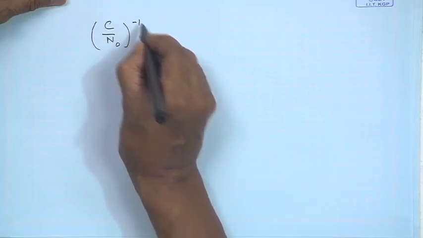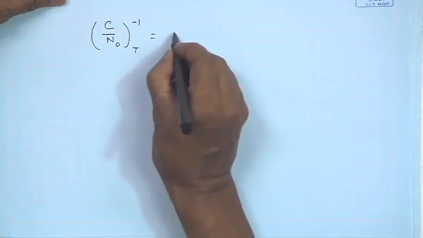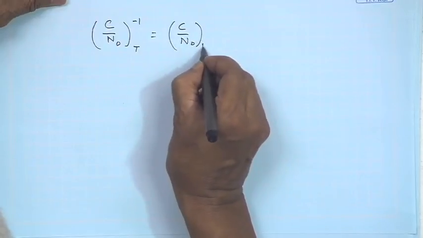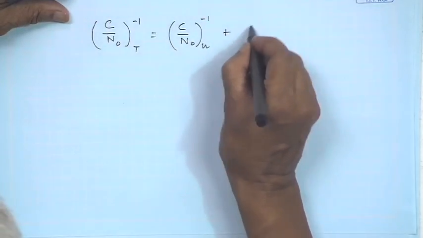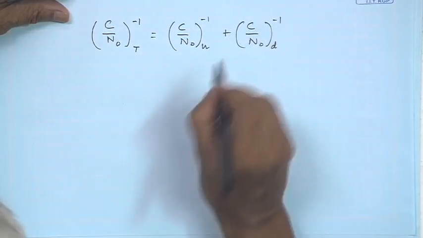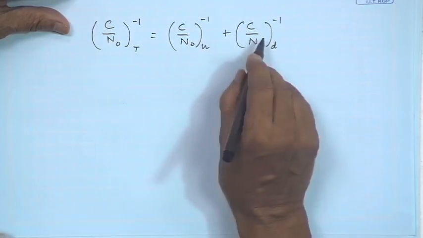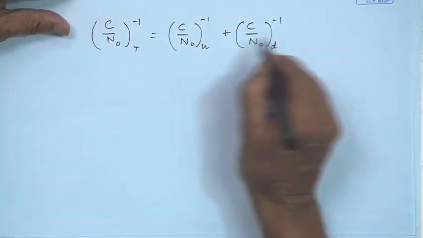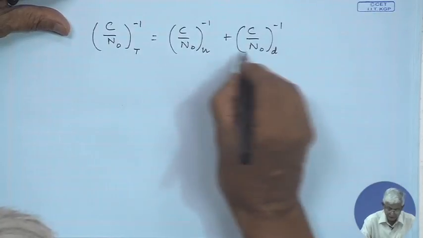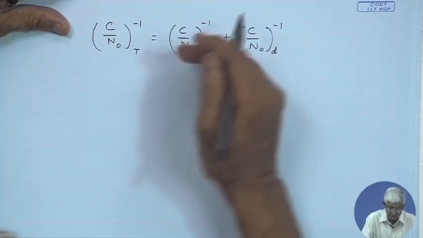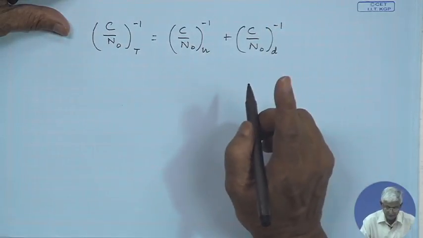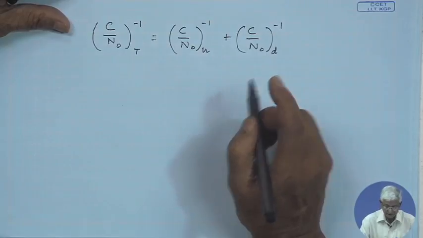The inverse of the total is the inverse of C by N naught of uplink plus the inverse of C by N naught of downlink. Remember that for this calculation, when it was derived, numbers were not taken in dB, they were in ratio. Though many times I write this in another form also, you have to remember where it was dB and where it should be ratio.